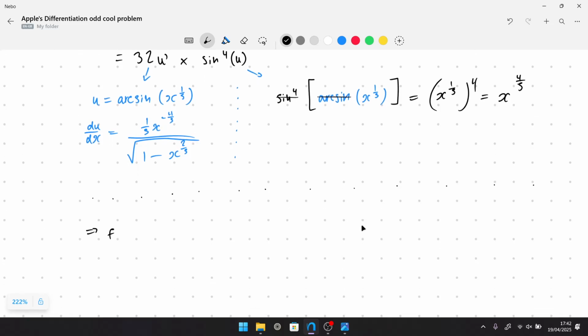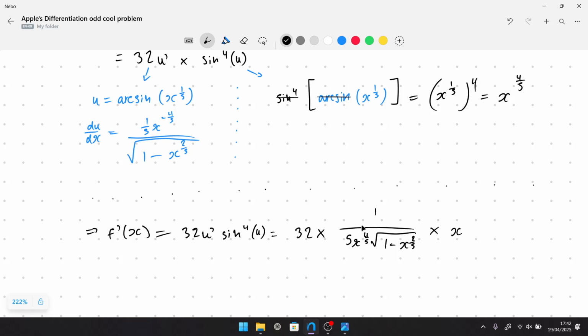So we've got f prime x equal to 32 u prime sine to the 4u, which is 32 times 1 over 5 x to the minus 4 over 5 over the square root of 1 minus x to the 2 over 5, times x to the 4 over 5 from before.